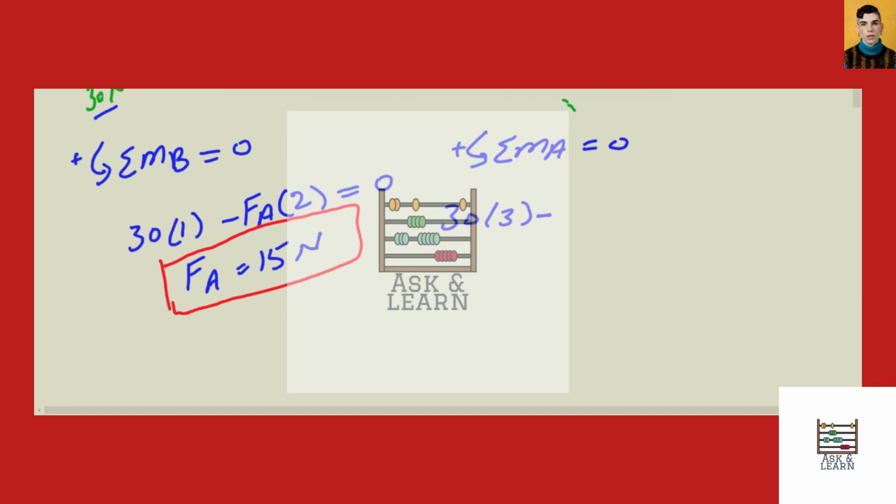This FB force is in the upward direction, and it acts at a distance of 2 meters from here, so all of this is equal to 0. After solving, FB is 45 Newton. So this FB reaction force is 45 Newton.